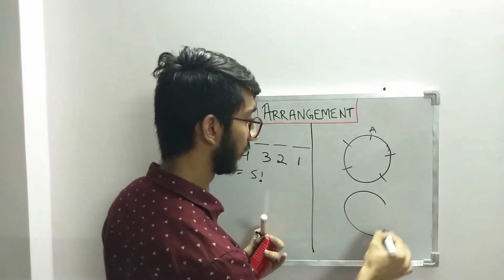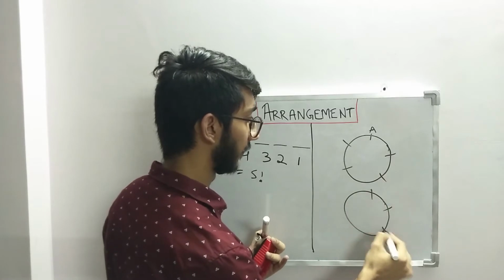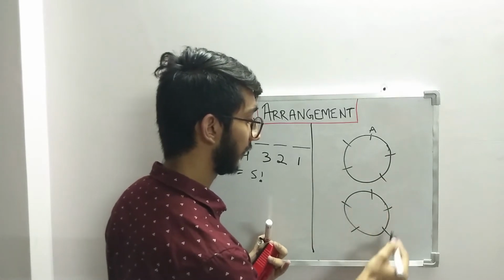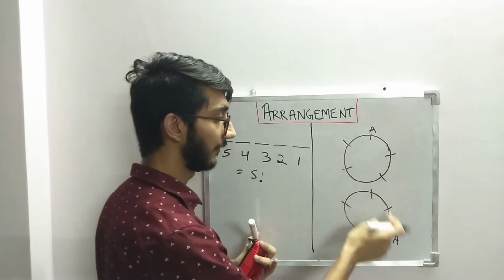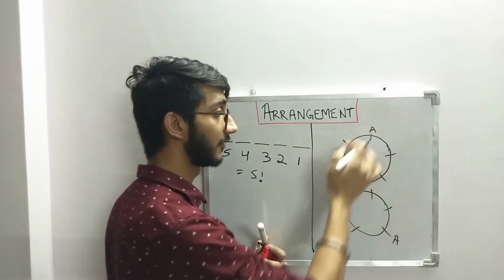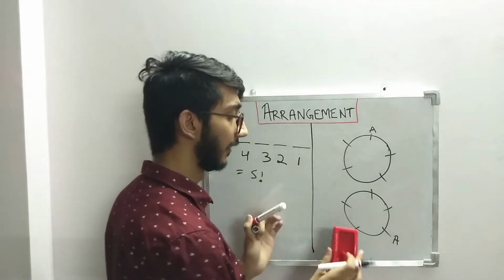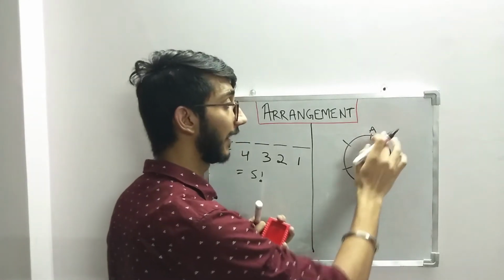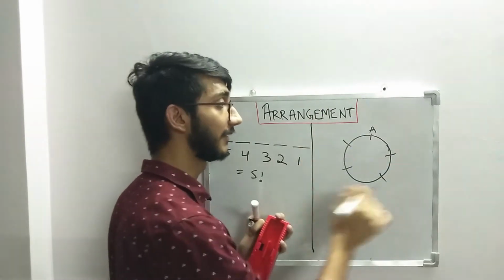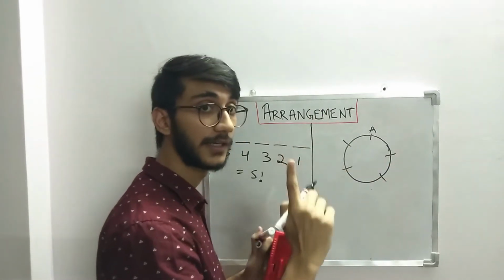If I draw another case of the same seating arrangement, and suppose A is sitting here, now if I rotate this, A will again come here. That means this arrangement is not changing. We are just changing the angle of looking at the arrangement. So A has only one choice. Wherever he sits, it will be considered as one case only.